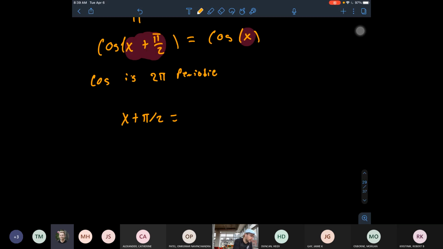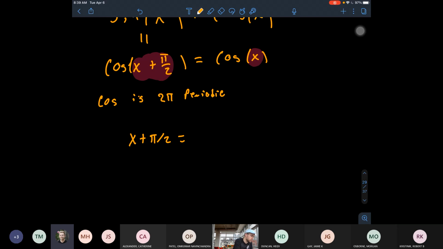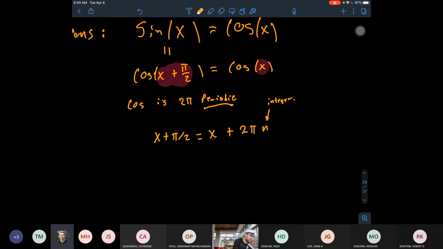I want x plus pi over 2 to be equal to x plus 2 pi n, where n is an integer. That's coming from the periodicity of cosine.